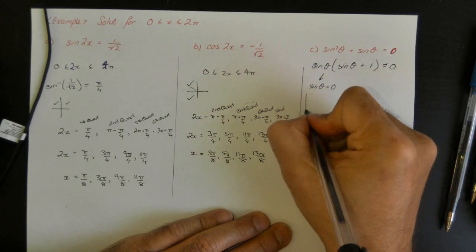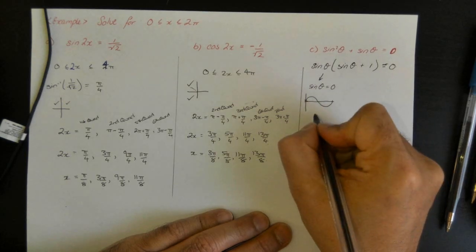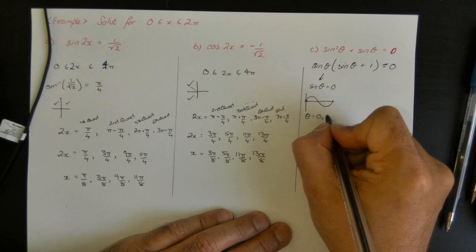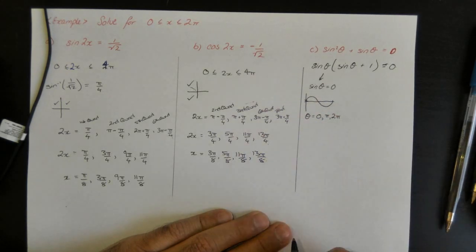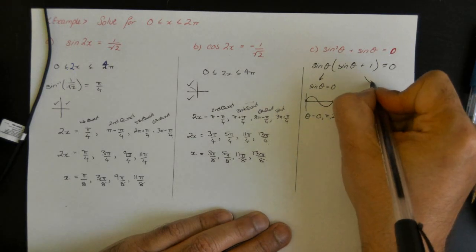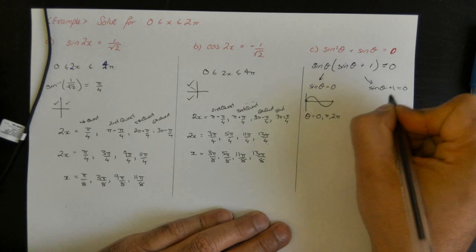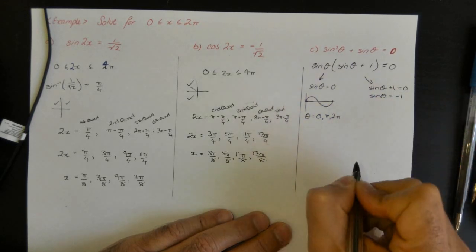So that's going to be at 0, pi, and 2 pi. And then we have this idea where sine theta plus 1 equals 0, which means that sine theta equals negative 1.